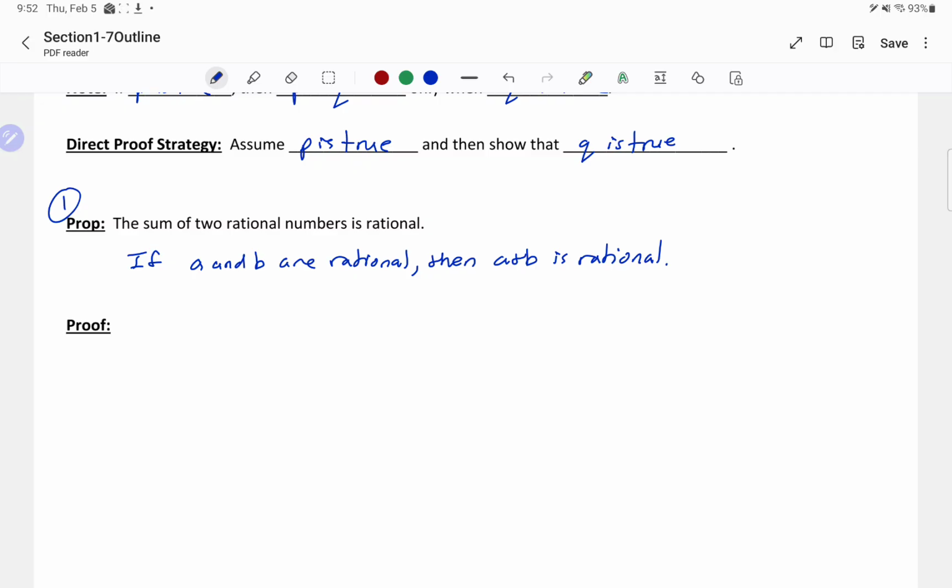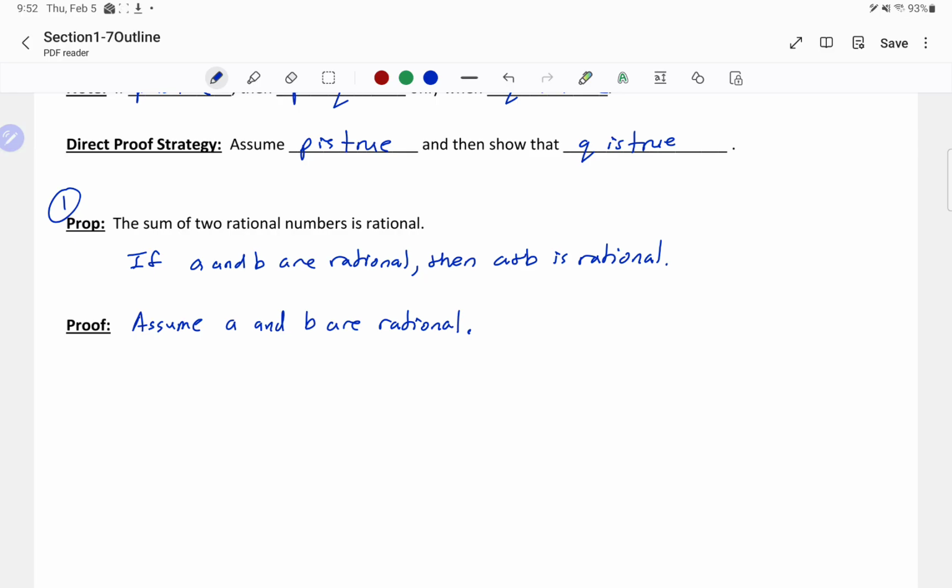So the first thing that we will do is assume that P is true. That's the first thing we're going to write: assume A and B are rational. I could say this as assume A and B are rational, suppose A and B are rational, or let A and B be rational numbers. All of these mean the same thing. We're going to assert that the premise is true.